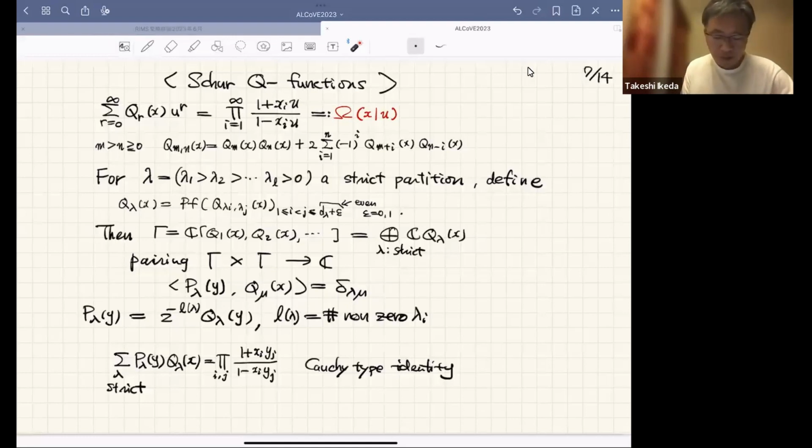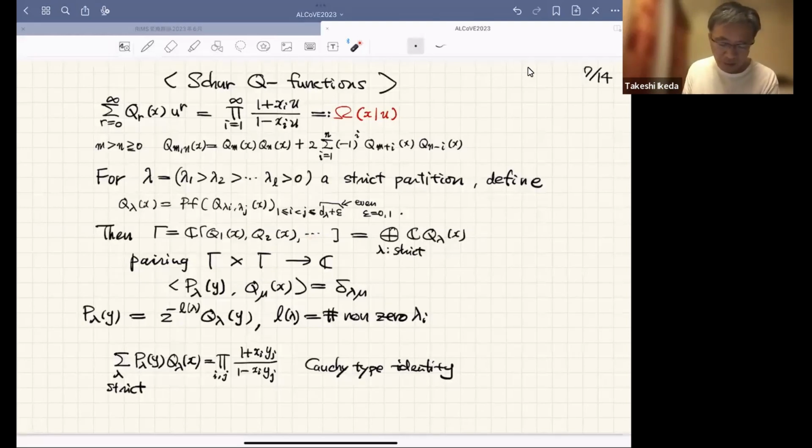So that's our definition. If you consider the ring generated by the Q_i, then the Q functions indexed by strict partitions give a nice basis. That's the definition of the Q functions. And there is a natural pairing given by this formula.